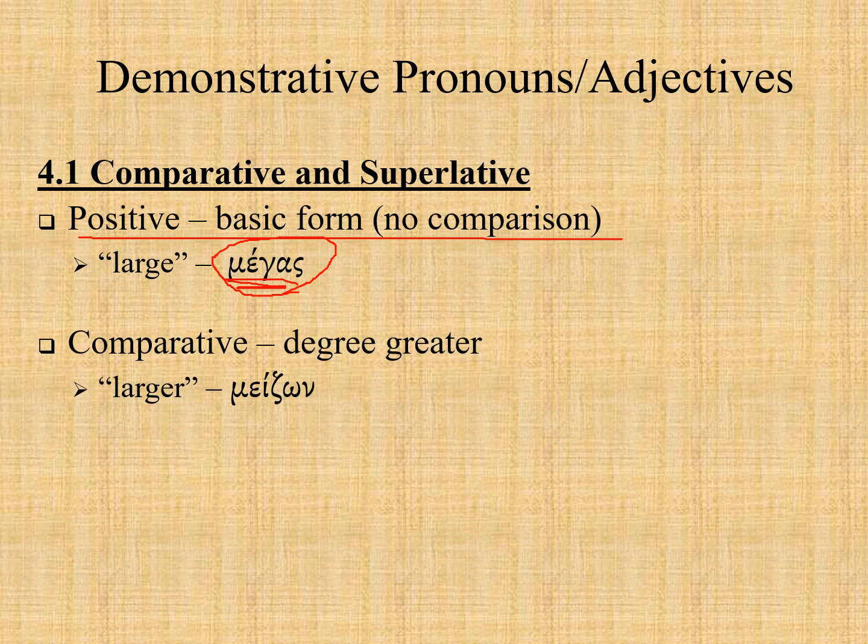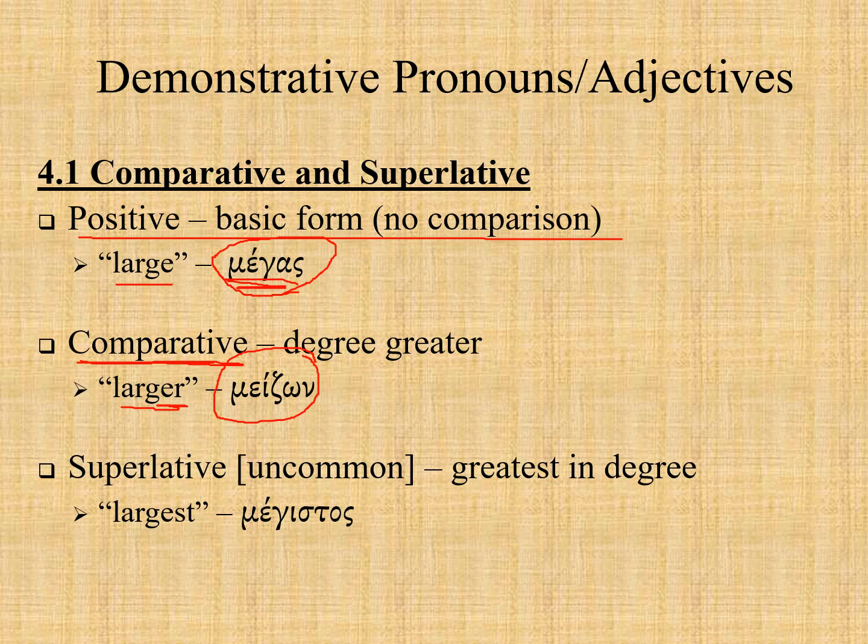Then if we want to look at the comparative form or the greater degree, we go from large to larger. So in Greek, we go from megas to meizon. And finally, we have the superlative, which is the greatest degree. So we go from large to larger to the largest. And in Greek, from megas to meizon to megistos.